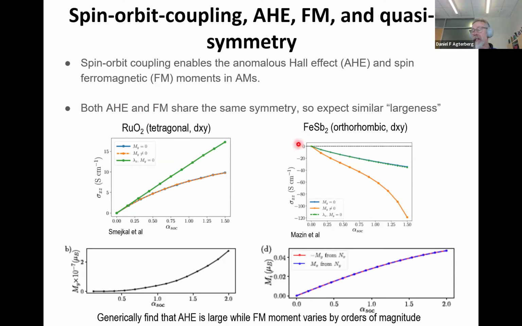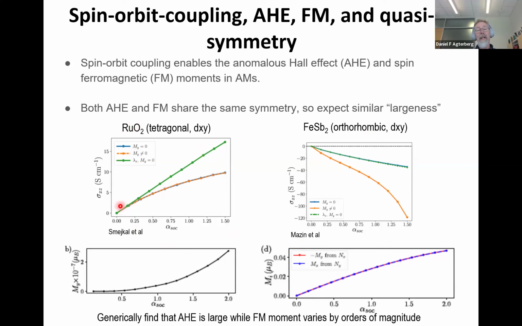And if you look at the DFT literature, you find that this is in fact not the case. So in particular, you generically find the anomalous Hall effect is large, so it is linear in spin-orbit coupling. And that's already been pointed out by Libor and co-workers a few years back, and more recently by Igor Mazin in the context of ruthenium dioxide and in this iron Sb2.